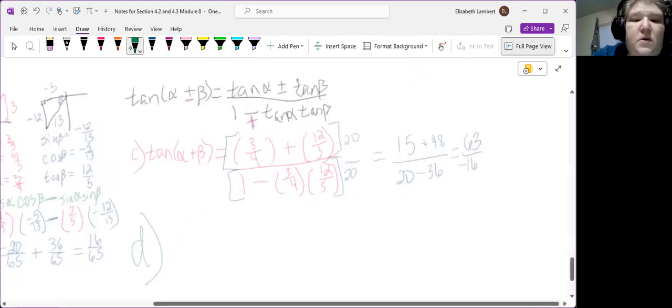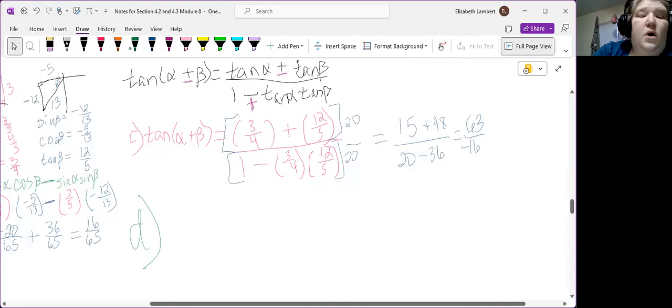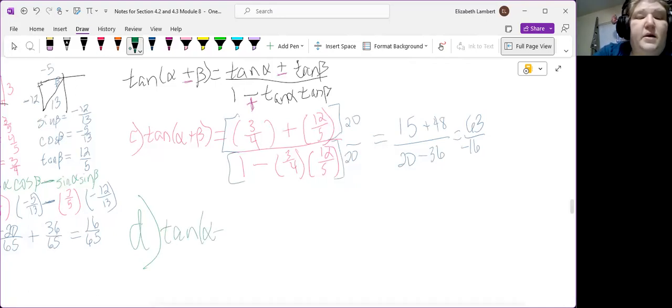It is literally going to be everything I wrote there. Like all the number parts. This will be a minus, and then down here, this will be a plus.